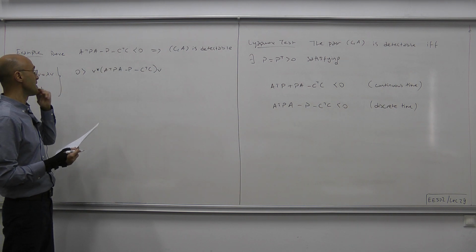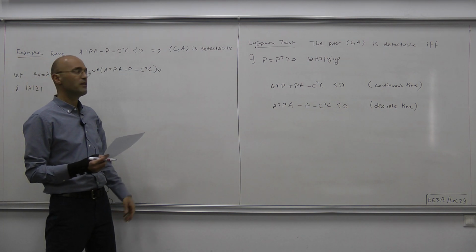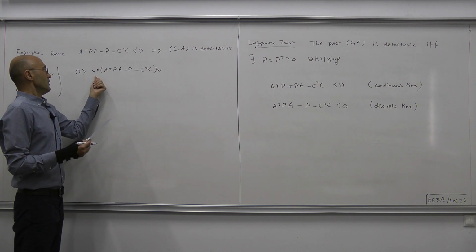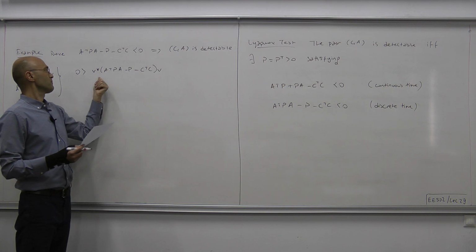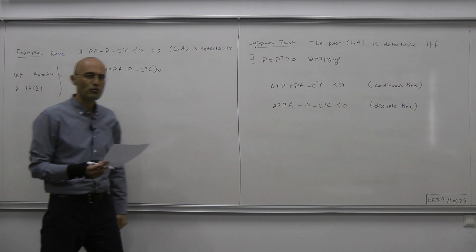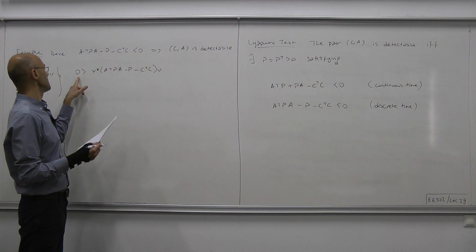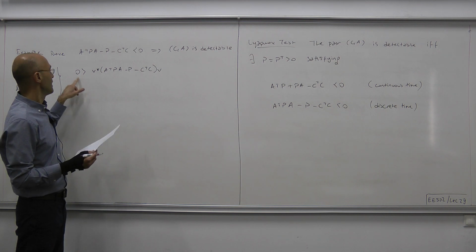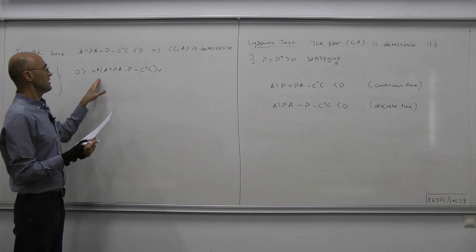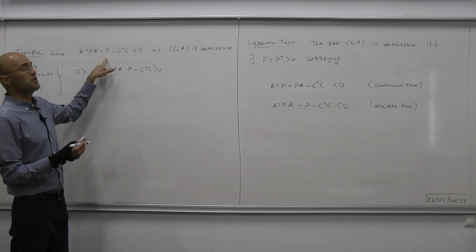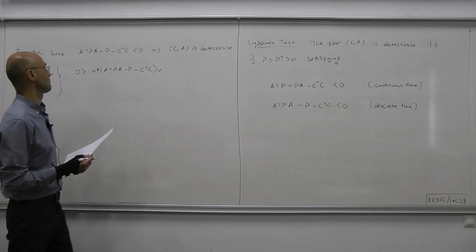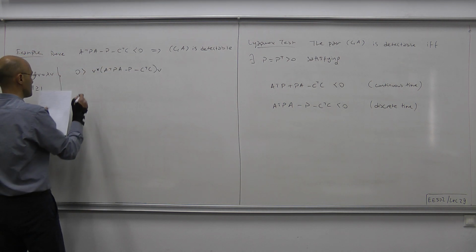We put the 0 here, and then we multiply both sides with V conjugate transpose from left and V from right. Now here this was a 0 matrix, now it becomes scalar 0, and this thing here must be negative, because this holds true. Now let's play with the terms.